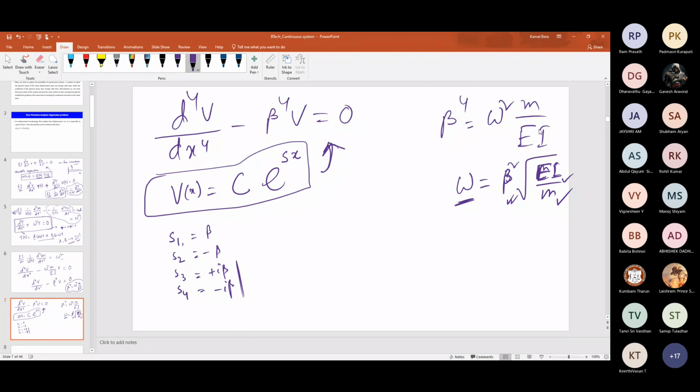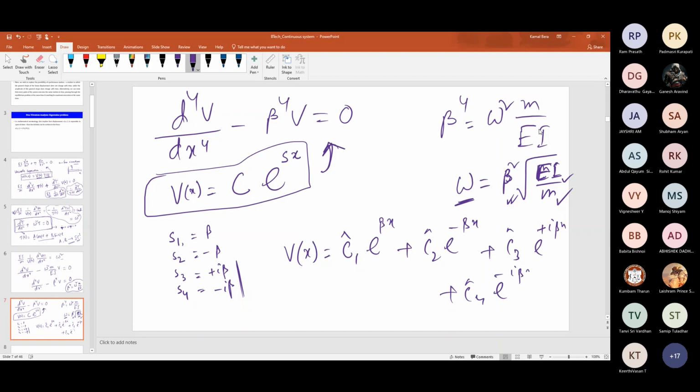So the general solution I can write: V(x) equals some constant C1 hat e raised to beta x, plus C2 hat e raised to minus beta x, plus C3 hat, just a constant, you can use ABCD, but A and B I have used, you can use PQRS or whatever, e raised to i beta x, plus C4 hat e raised to minus i beta x.